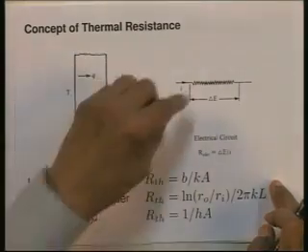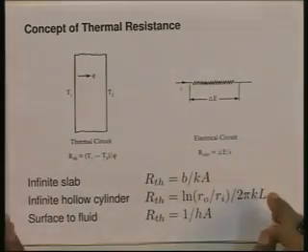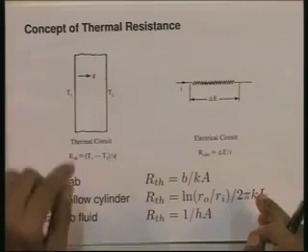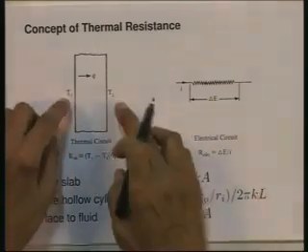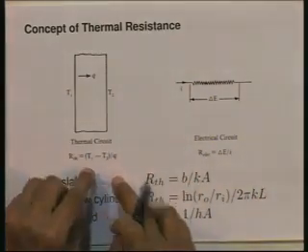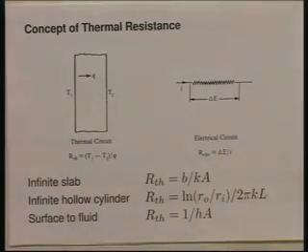The Q is analogous to the current I. Then the thermal resistance of the solid is given by the temperature difference T 1 minus T 2 divided by Q. Okay. That is how we define it. We define a thermal resistance as equal to a temperature difference divided by the rate of heat flow. This is the definition of a thermal resistance.